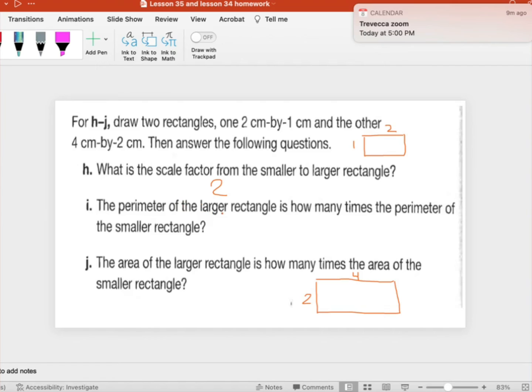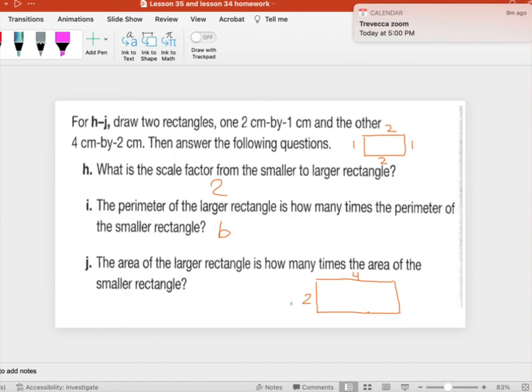The perimeter of the larger rectangle is how many times the perimeter of the smaller rectangle? Well, we know that this is a 1 and this is a 2. So the perimeter of the smaller is 1 plus 1 is 2, 2 plus 2 is 4, so 4 plus 2 is 6.